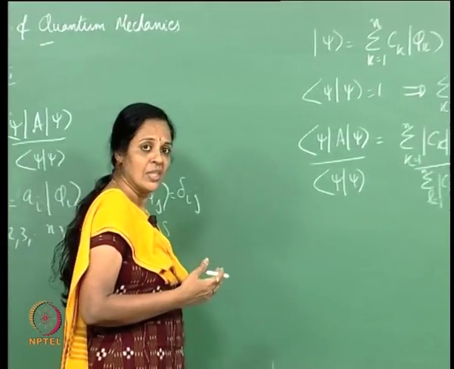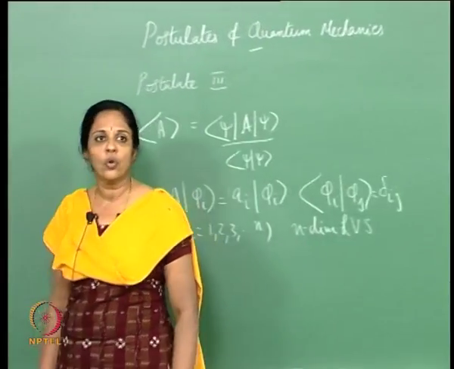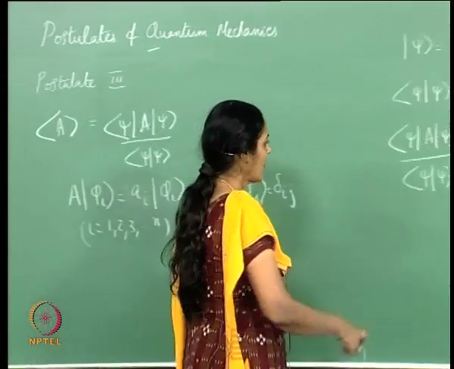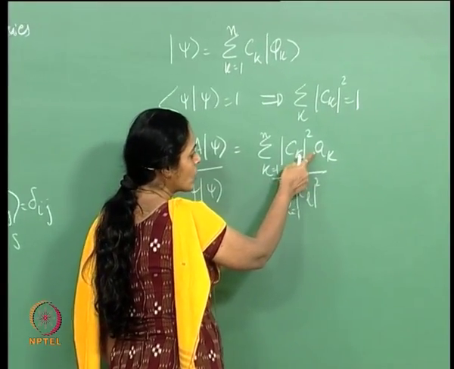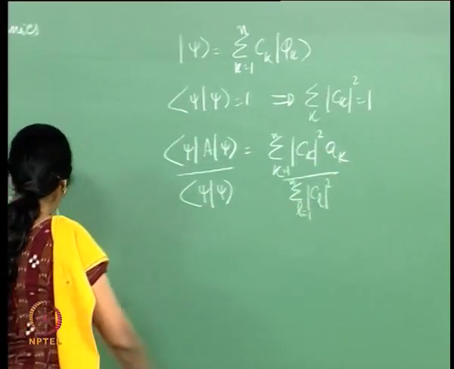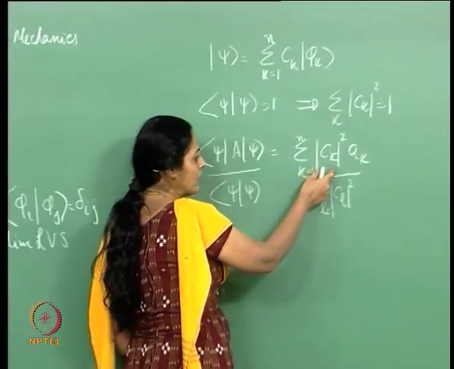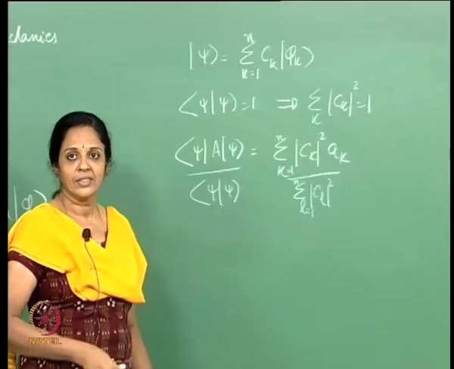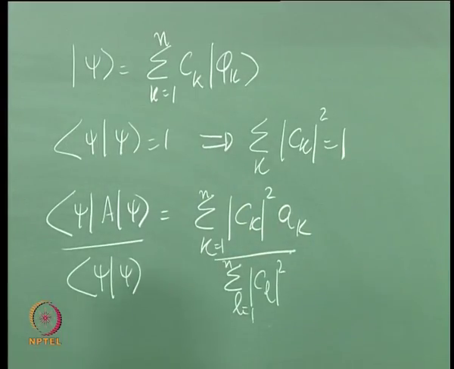It is obvious that the outcome of the experiment, which is the expectation value of A, is a weighted average, because it looks like a1 is going to be the outcome. The corresponding state, of course, would be phi 1 with a probability mod c1 squared. There is a weighting coefficient mod c1 squared. Similarly, a2 comes with a weightage mod c2 squared and so on.